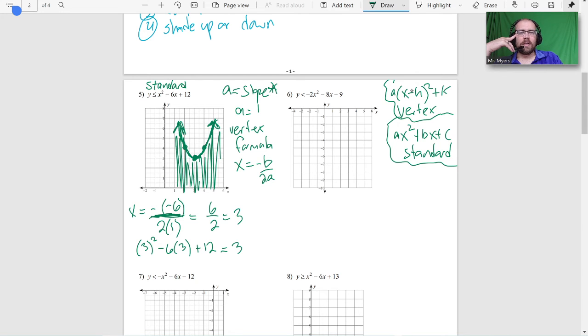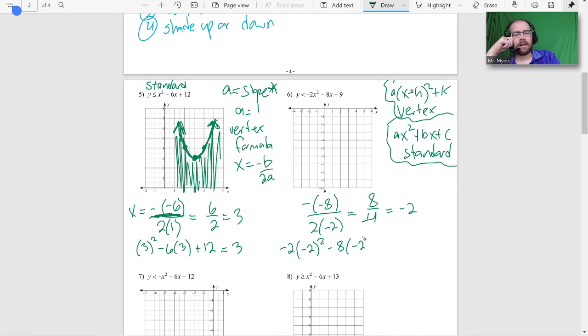So this one, again, is in standard form. So I'm going to do the thing again. Negative b over 2a: positive 8 over negative 4. So that's negative 2. And then I plug it in: negative 2 squared, minus 8 times negative 2, minus 9.